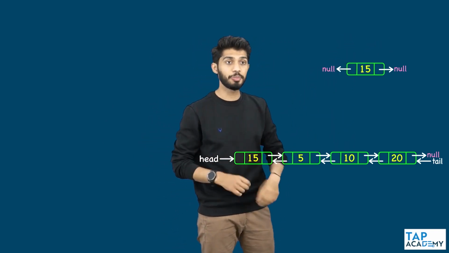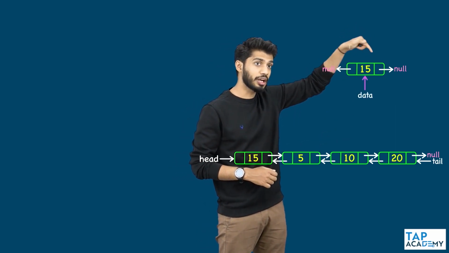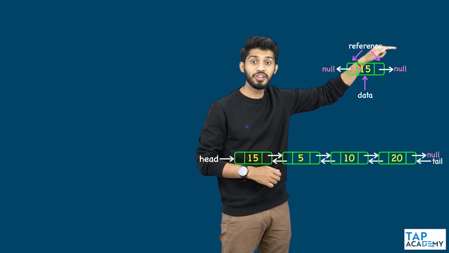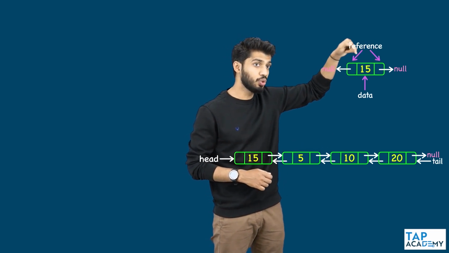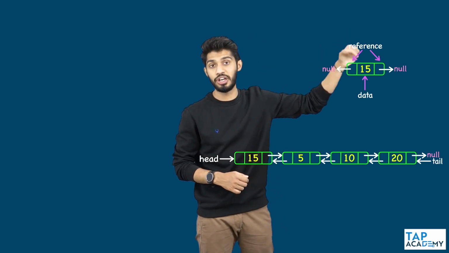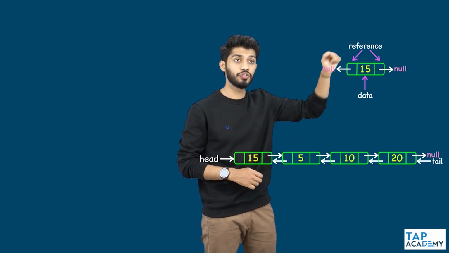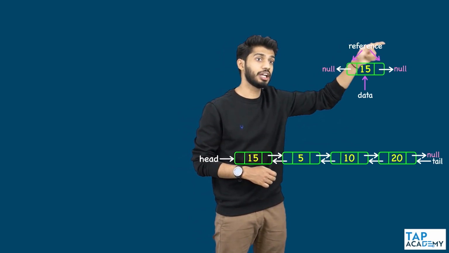What are the three parts? One is the main one, that's nothing but the data part, and the other two are referring to the previous node and the next node. So there are two parts of node type and one of integer type. So this is how I need to create an object.